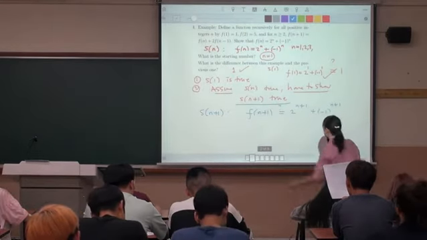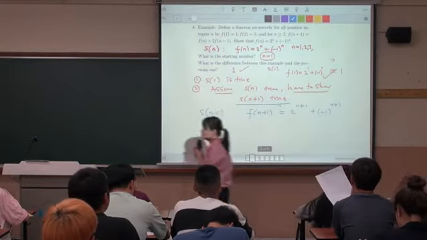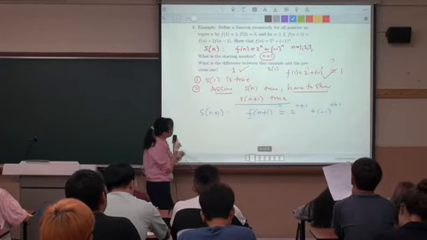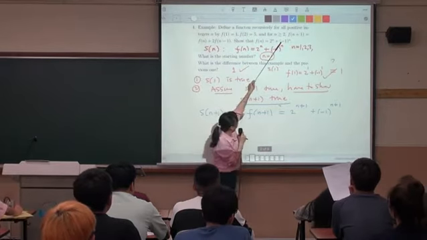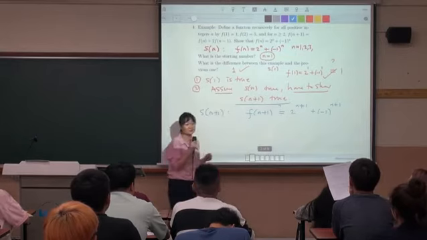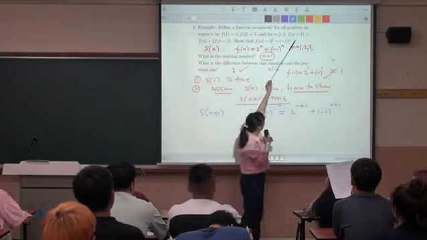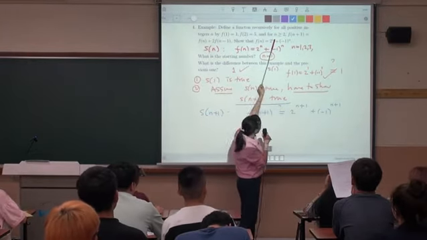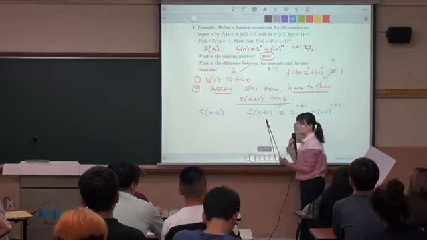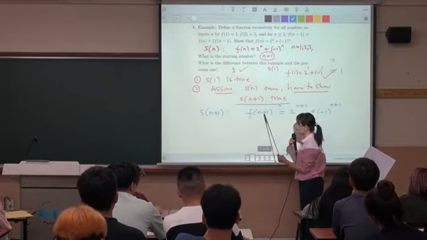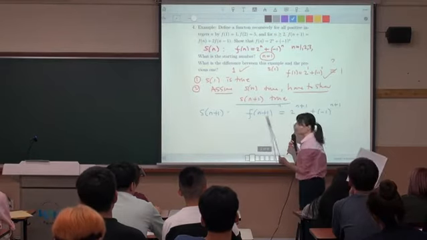So look at this problem. To show this, which condition do we have to use? We have to use this, and what else? There's another condition that we have to use. But this condition starts at n bigger than or equal to 2. That means this number n plus 1 can start from 3.